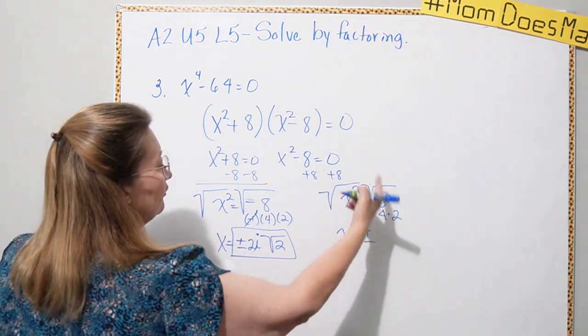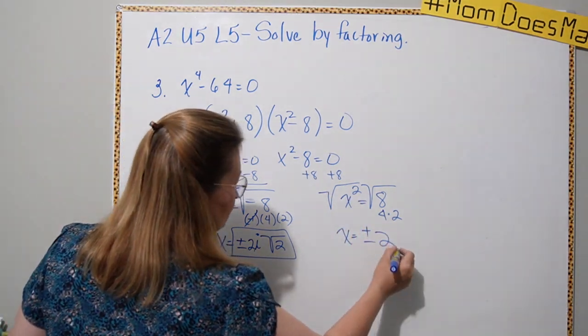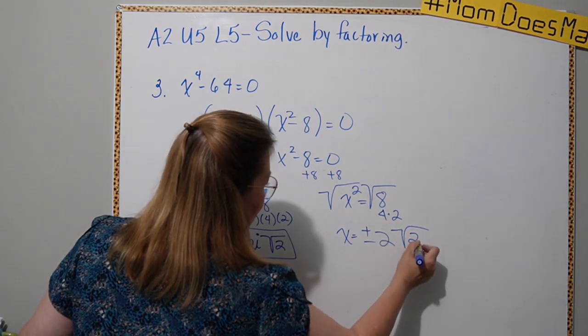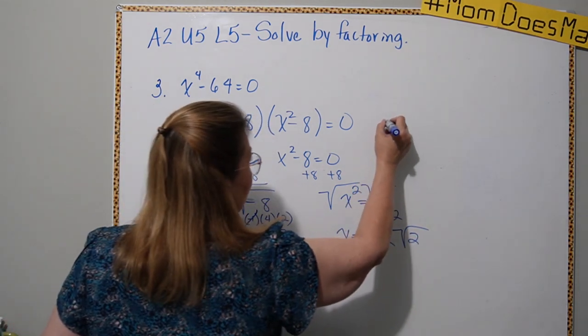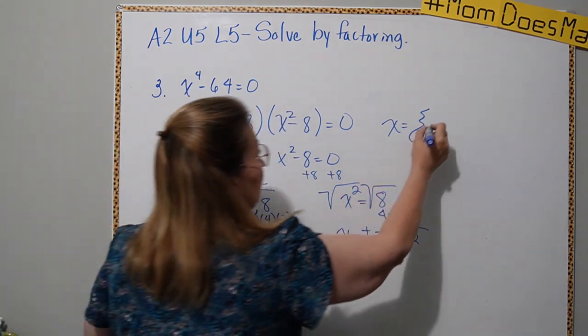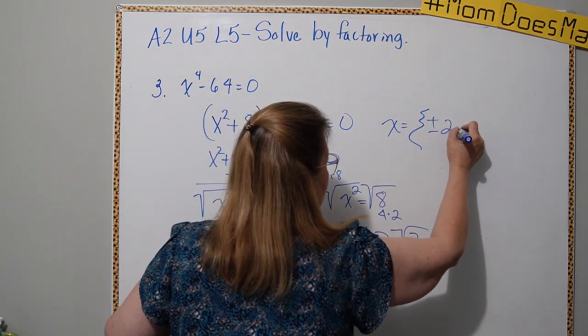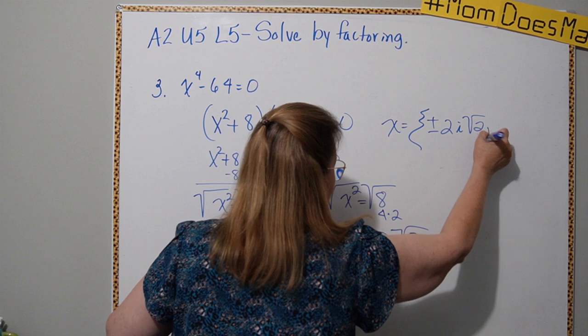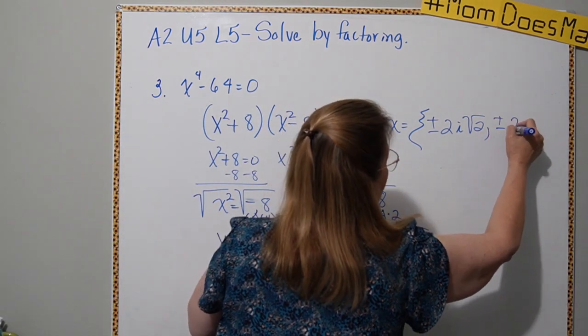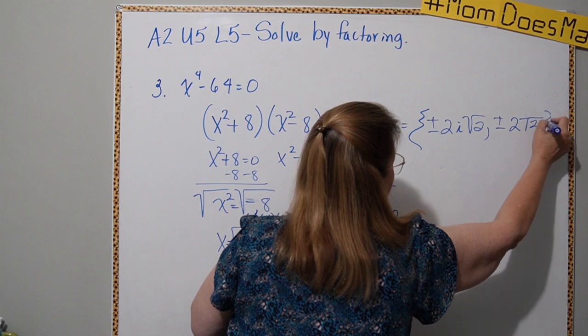So I take the square root of 4 out. When I take the square root, it becomes 2. This 2 is left under the radical. So my total answers are actually this one, plus or minus 2i times the square root of 2, and plus or minus 2 times the square root of 2.